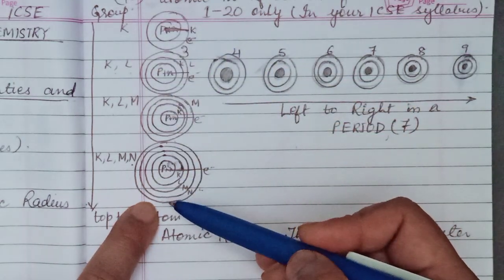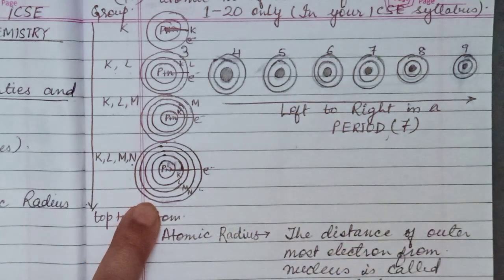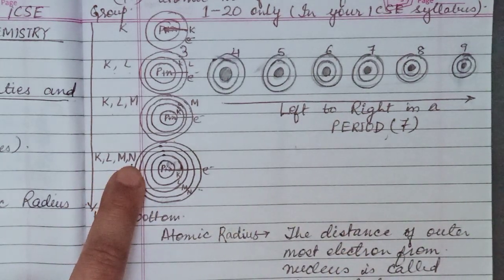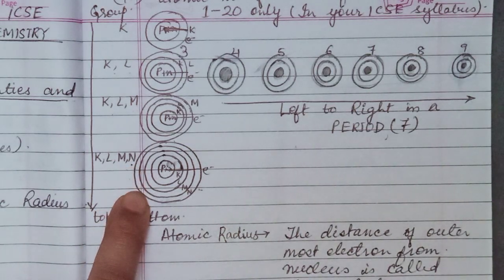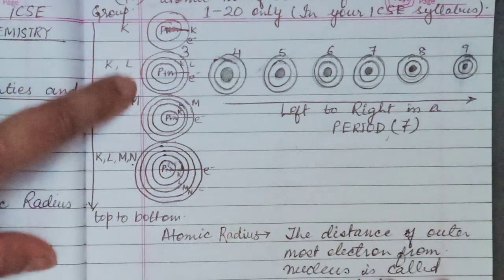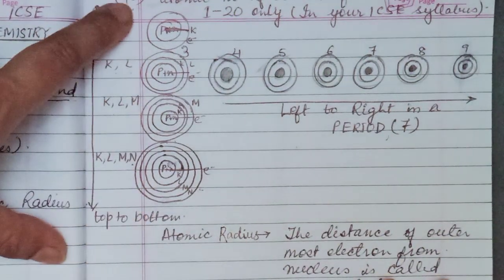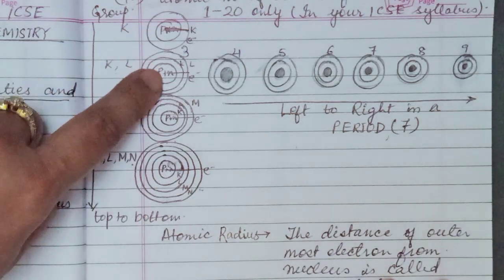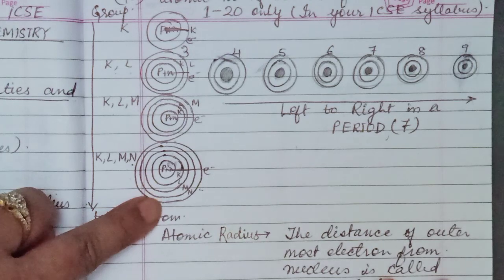Why is it increasing? Because the number of protons in an atom is increasing. Okay, so when we move down in a group, the number of shells will increase, the atomic size will increase down the group, and atomic radius also increases when we move down.